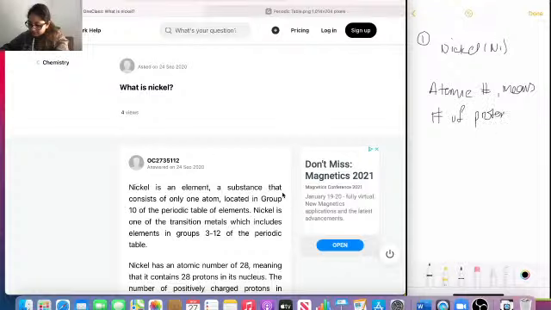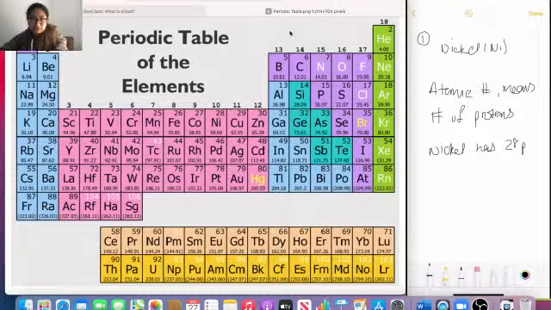So nickel has 28 protons, okay? If we look at our periodic table right here, you can see it's part of group 10. It has 28 protons, and therefore it also has 28 electrons, because the number of protons equals the number of electrons.